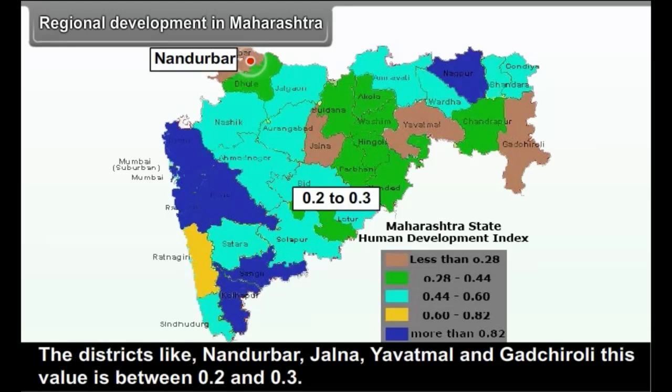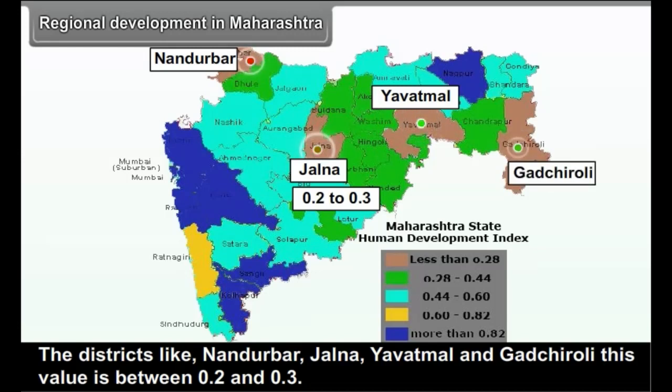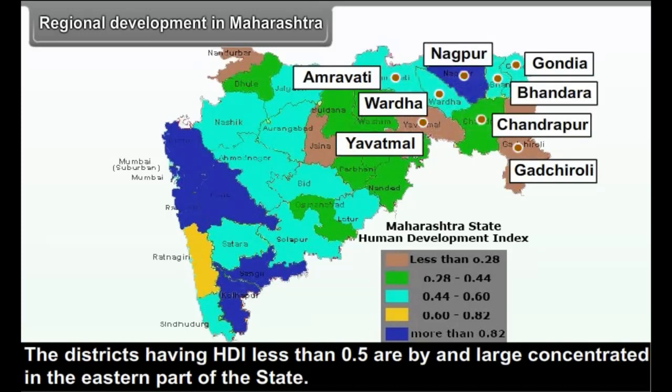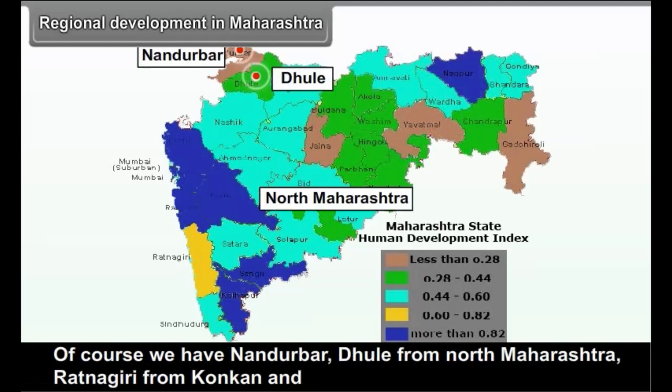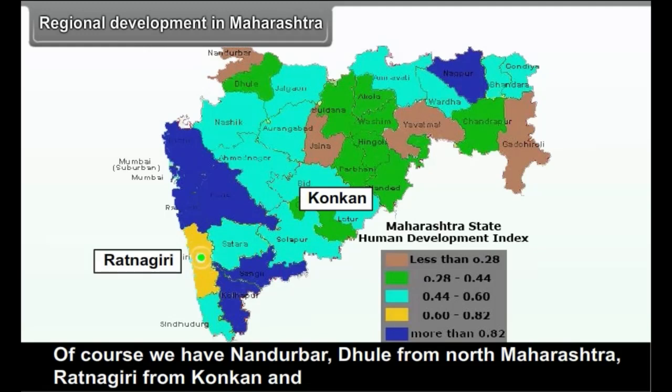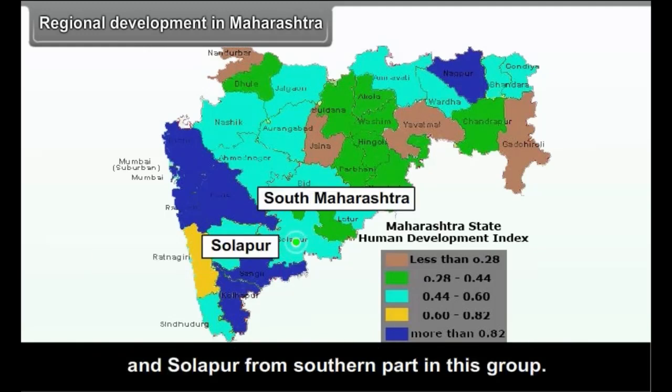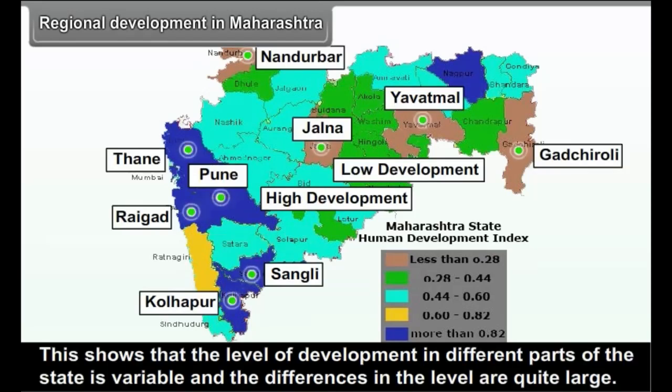In districts like Nandurbar, Jalna, Yavatmal and Gadchiroli, this value is between 0.2 and 0.3. The districts having HDI less than 0.5 are by and large concentrated in the eastern part of the state. Of course, we have Nandurbar, Dhule from North Maharashtra, Ratnagiri from Konkan and Solapur from the southern part in this group.